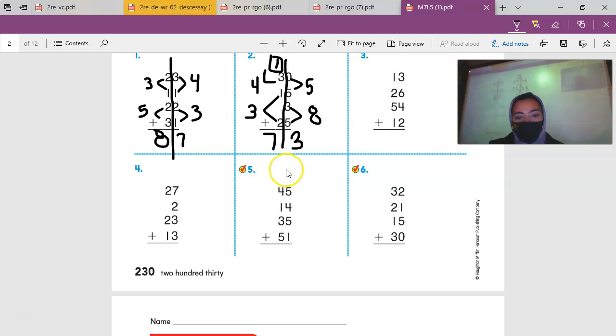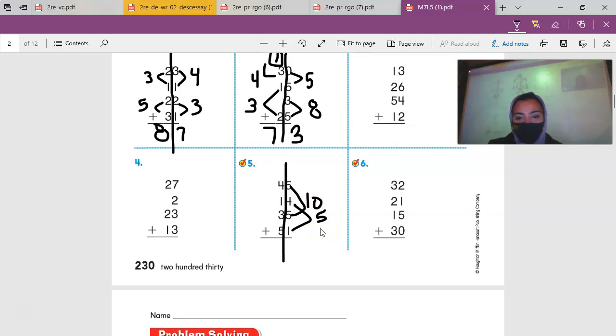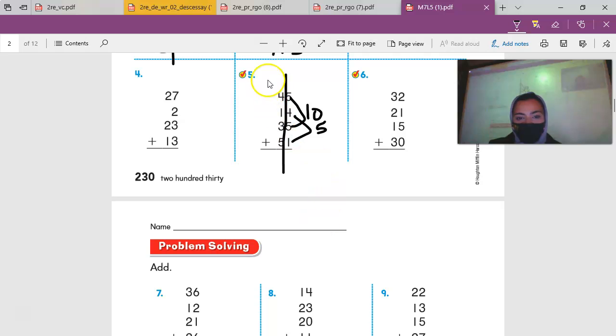Okay, let's do just number 5 together, and then you can do the rest on your own. Number 5, I don't want to add 5 plus 4. I want to add 5 plus 5 because I know for sure 5 plus 5 makes 10. And I know 4 plus 1 makes 5, and now I know 10 plus 5 makes 15. So I can put the 1 in the 10's place, 5 in the 1's place.